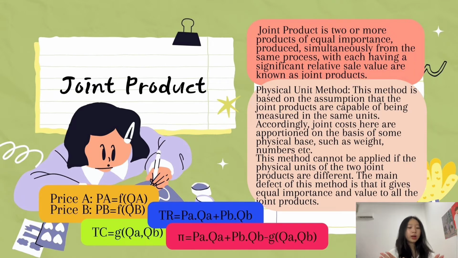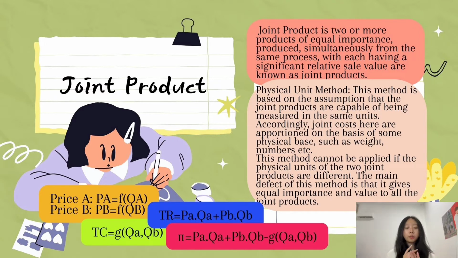In other words, the basis used for apportioning the joint cost over the joint products is the physical volume of the material present in the joint products at the point of separation. Any losses arising during the joint production process are also apportioned over the products on the same basis.